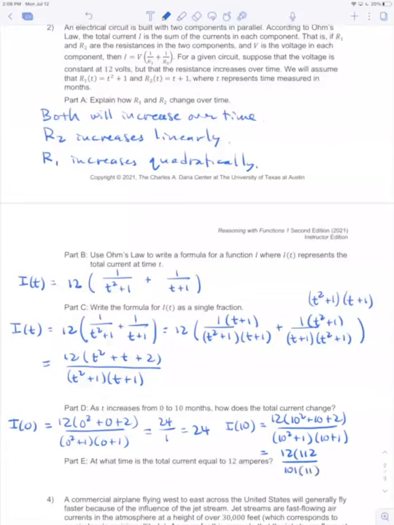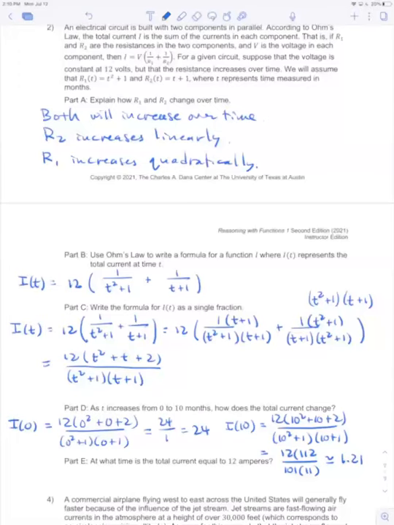And plugging this into the calculator, we would get about 1.21 amps. So the total current would drop from 24 to just about 1.2 amps during that period. Part E, at what time is the total current equal to 12 amps?